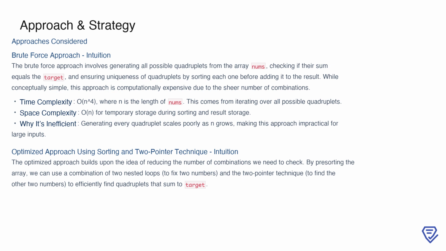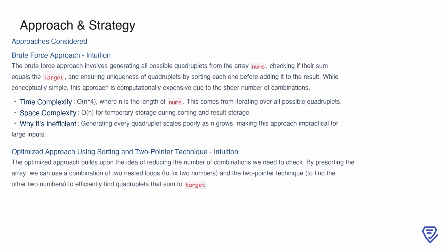However, while this method is simple to understand, it is computationally expensive. The time complexity is n to the power of 4, as we are iterating over all possible quadruplets, and the space complexity is n, accounting for temporary storage during sorting and result storage. This inefficiency becomes apparent as the size of the input grows, making the brute force approach impractical for larger inputs.